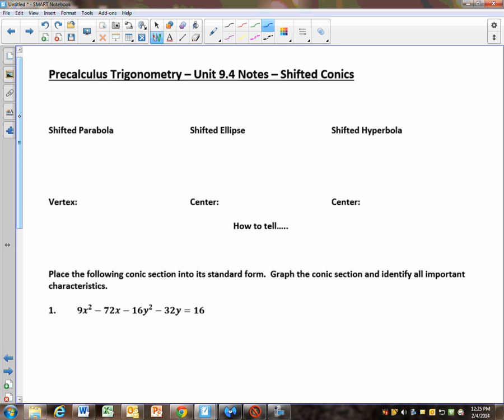So, here's a shifted parabola. Y equals a times x minus h quantity squared plus k. Is that vertical or horizontal? That's vertical. So the horizontal one would be x equals a times y minus k quantity squared plus h.